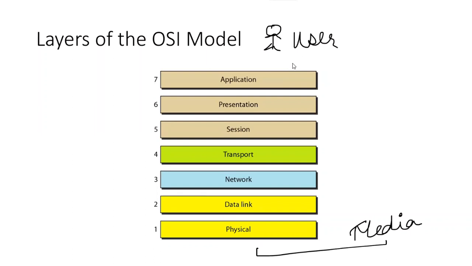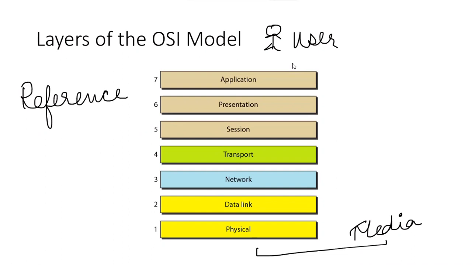Every node that is taking part in a network has to have these different layers and has to perform some of the tasks in these layers. Now, remember, these are only reference models.